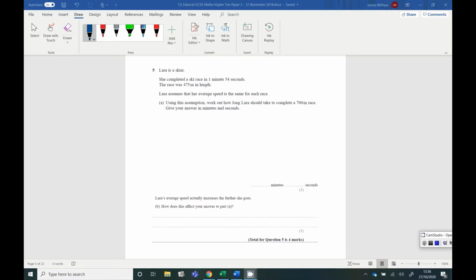Okay, so Lara completed a 475 metre race in 1 minute and 54 seconds. So let's turn 1 minute and 54 seconds into seconds. As 1 minute is 60 seconds plus the 54, that's 114 seconds.